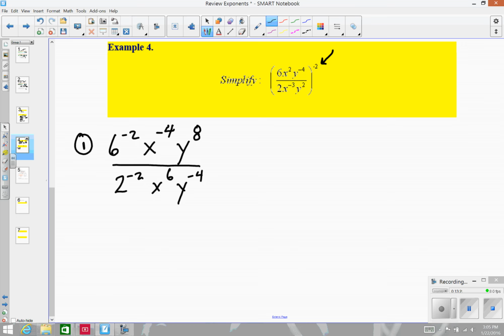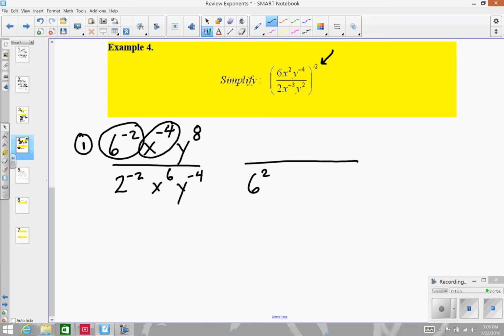Now I am going to rewrite this so that I have only positive exponents, which means any base that has a negative exponent, I'm going to move. If it's in the numerator, I'm going to move it to the denominator. If it's in the denominator, I'm going to move it to the numerator. So this, starting out 6 to the negative 2 power, I'm going to change it from the numerator to the denominator, make my exponent positive.